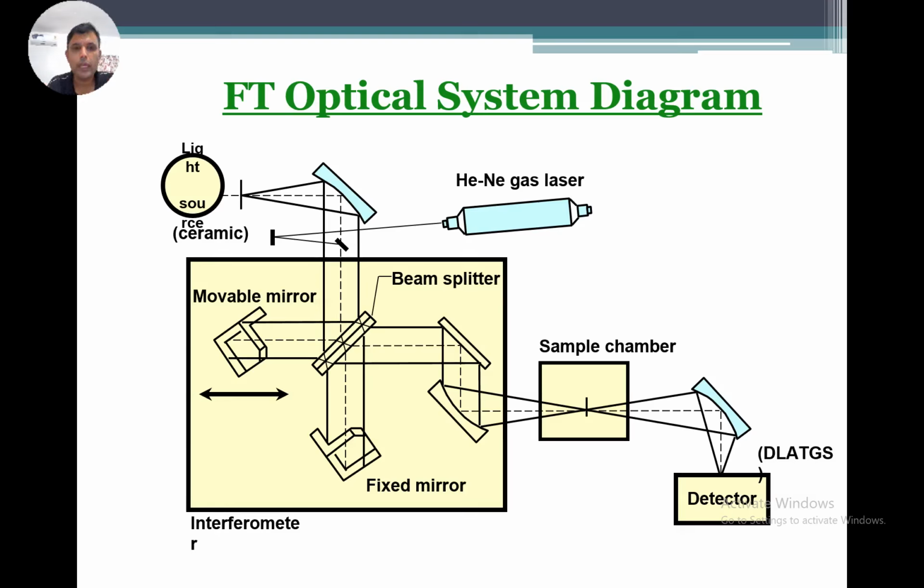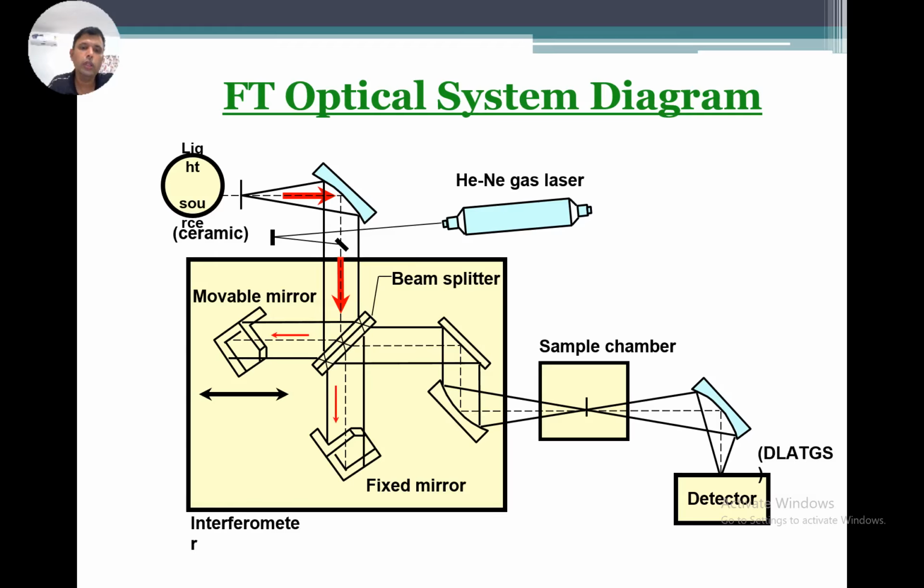Here the radiation from the light source is reflected from a mirror and passes through an interferometer. In this box we show how the interferometer works. In this interferometer there is a beam splitter which splits the radiation into two components.